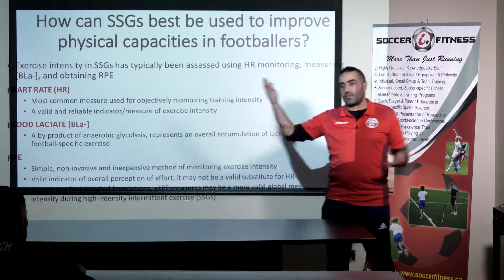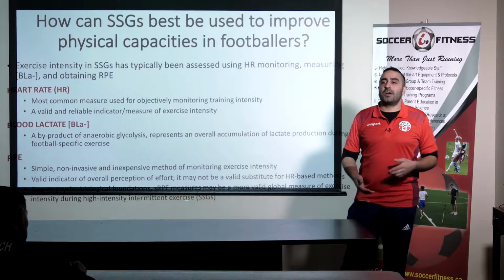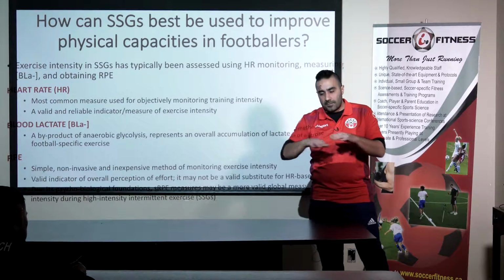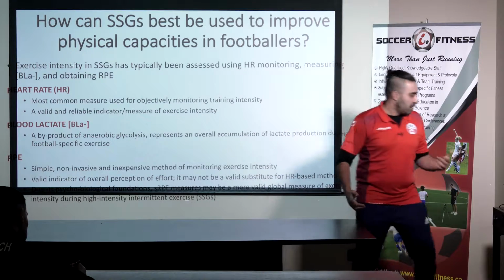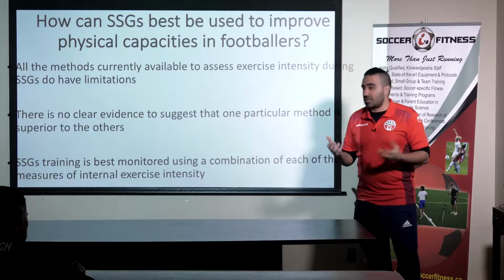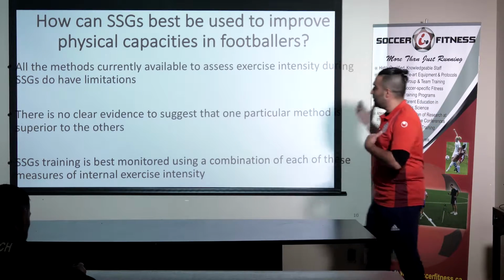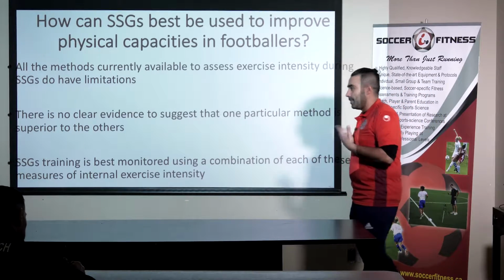But if you're working with 5 different teams and you just can't be bothered with the heart rate analysis or can't afford that much, then you just have that scale, and that essentially builds the base for your performance analysis, player monitoring platforms. So all the methods that I just spoke to you about are currently used and available to assess this exercise intensity during small-sided games, but each one has its own limitations.